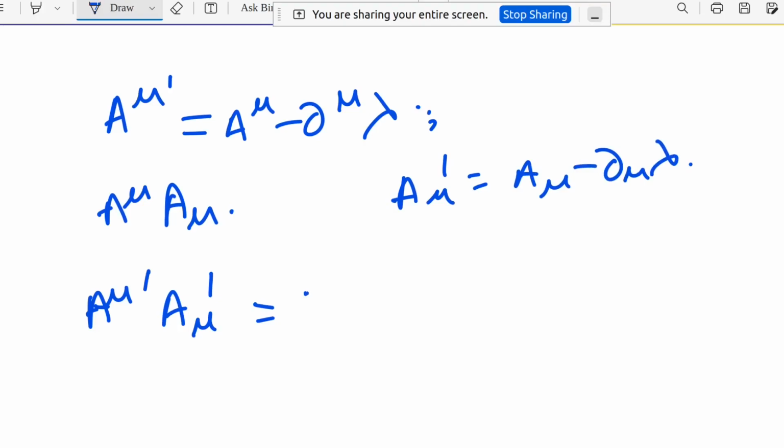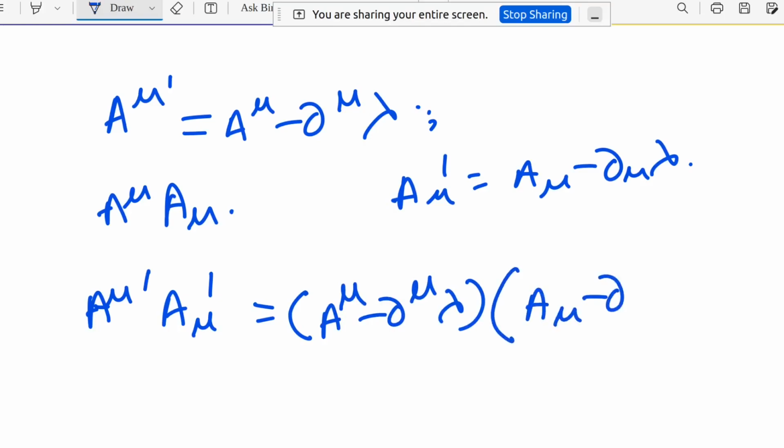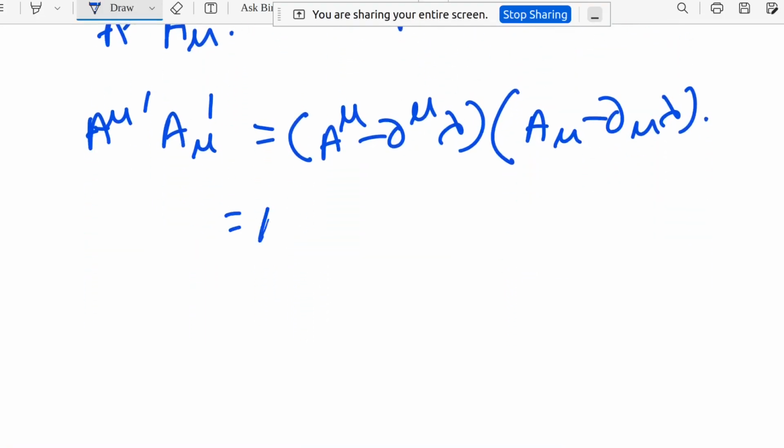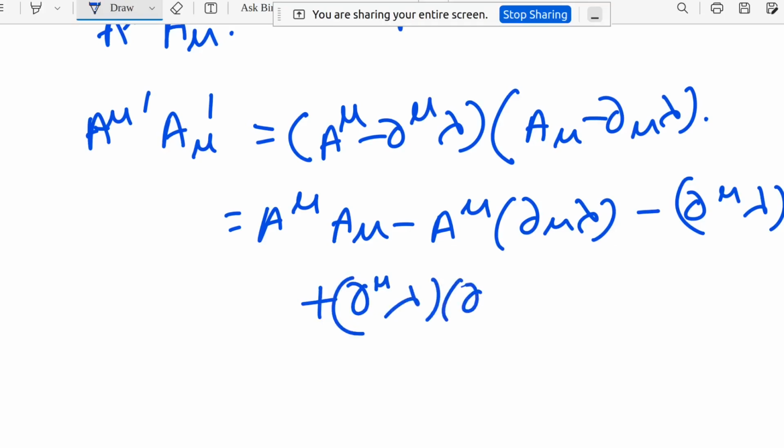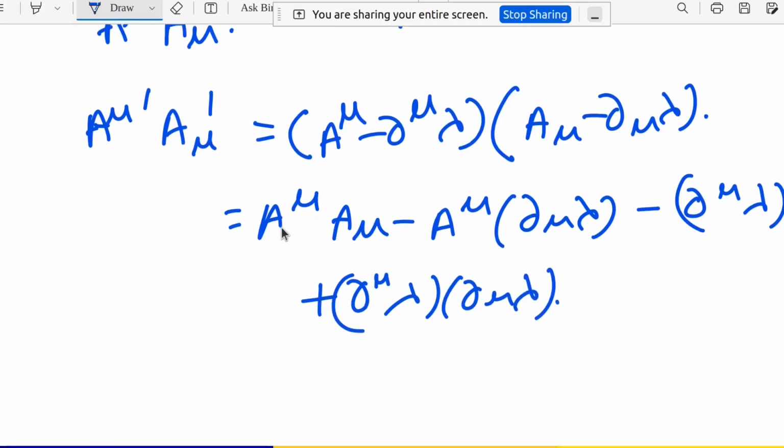Now if I write A mu minus del mu lambda and A mu minus del mu lambda.